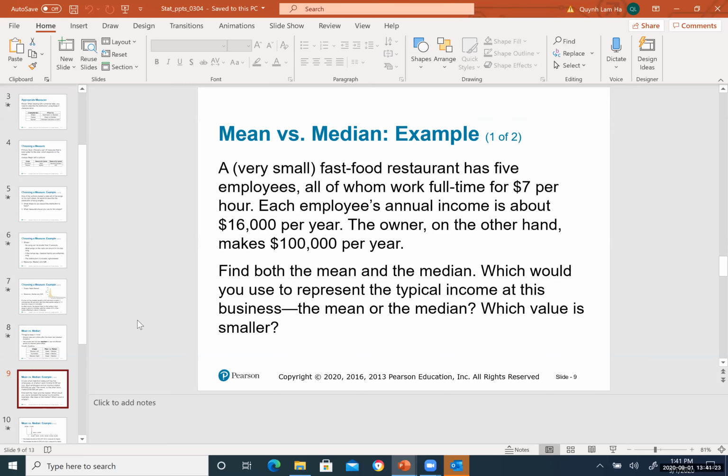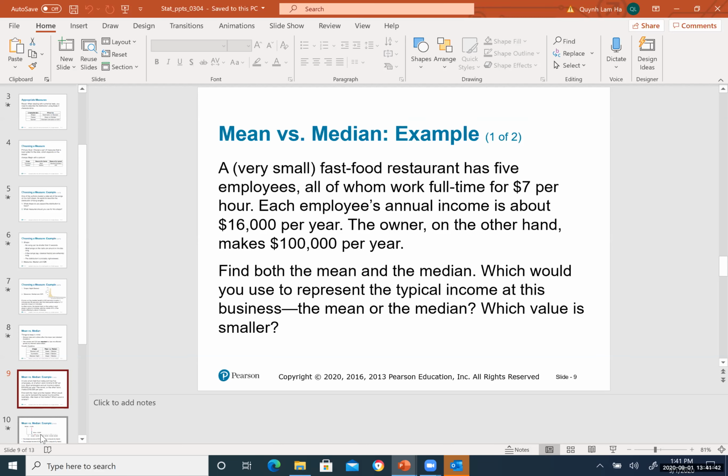So right here, they want us to find both the mean and median so that we can compare which will be the correct one. For skewed data, the median will be the correct one all the time. But for symmetric, it's okay to compute either the mean or median.